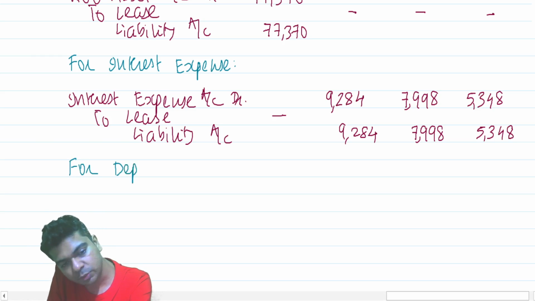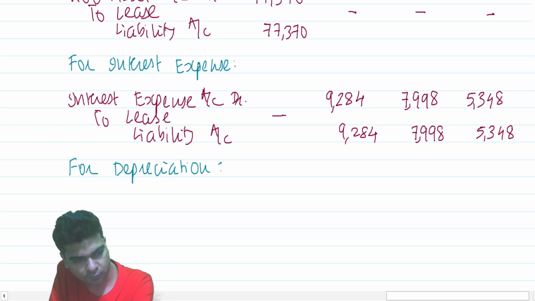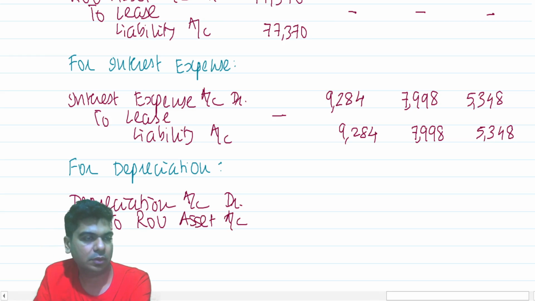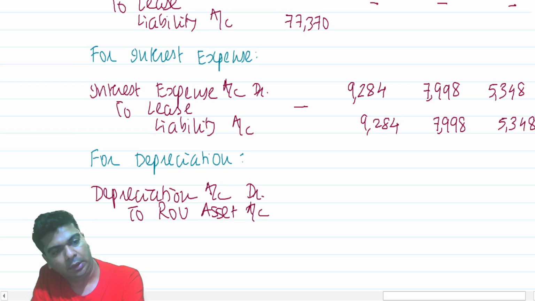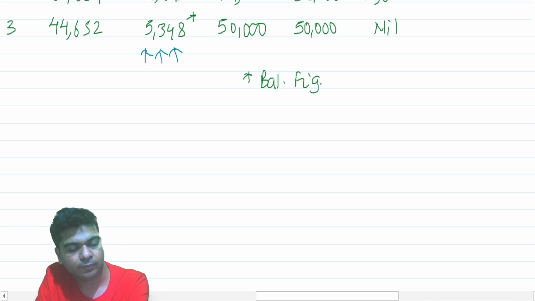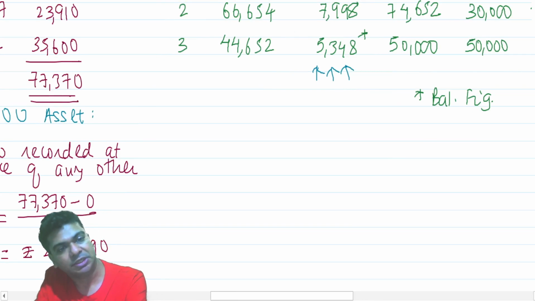We are also going to provide depreciation. So for depreciation, depreciation account debit to ROU asset account. We have calculated the depreciation, 25,790.